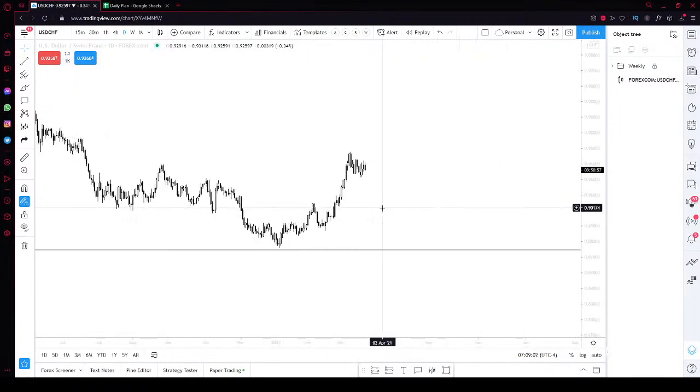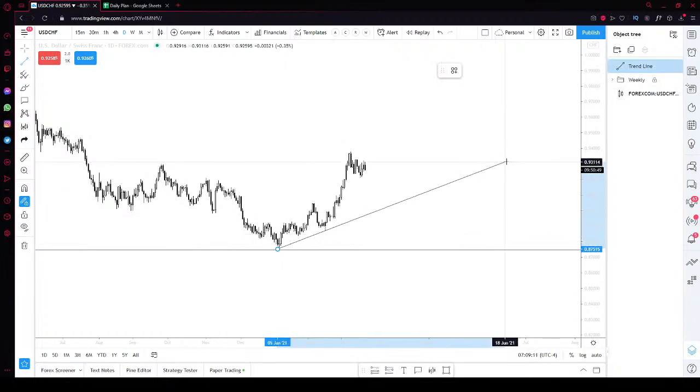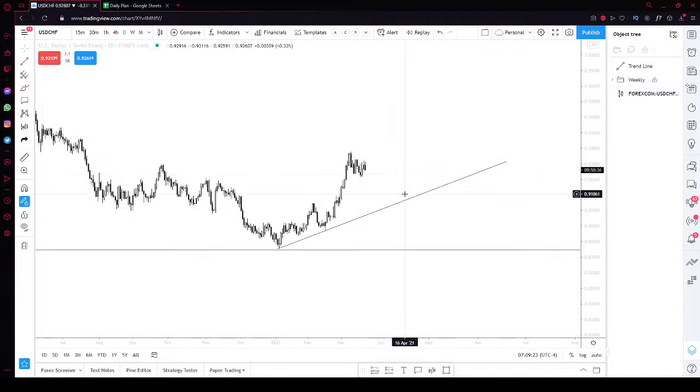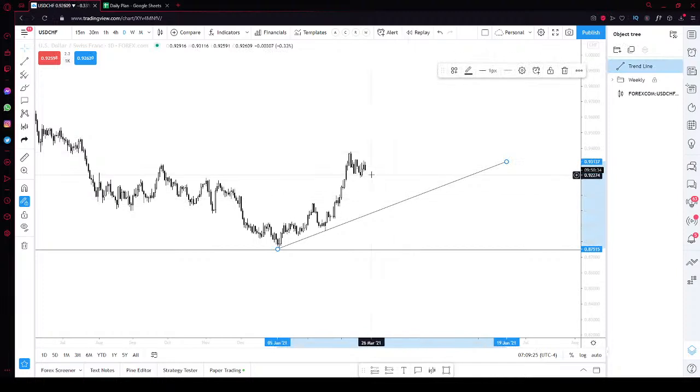All right, so off our daily, at this point we can draw an uptrend. We can see that there is an uptrend here, and if I start my trend line from here right to that point, we see there's an uptrend. But for this to actually be tested, obviously we need price to scale down a whole lot lower, which, since it's such a far distance, I'm not going to include this.